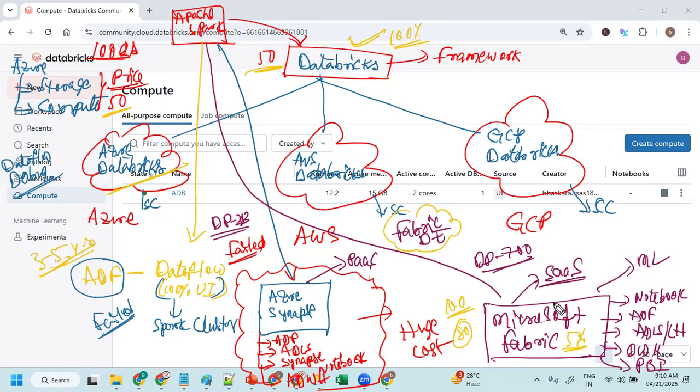Under that you have Data Factory. Data Factory is there here also, with the name Data Pipeline. The naming standard is Data Pipeline. So if you work with Data Factory and Databricks, you won't face much difficulty working with Fabric. Initially you may feel a little difficulty, but not much.